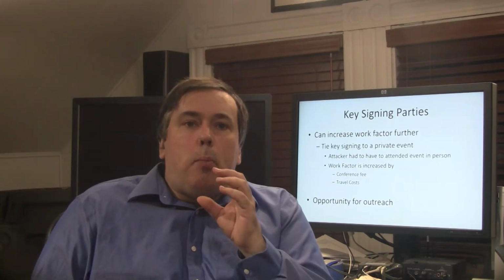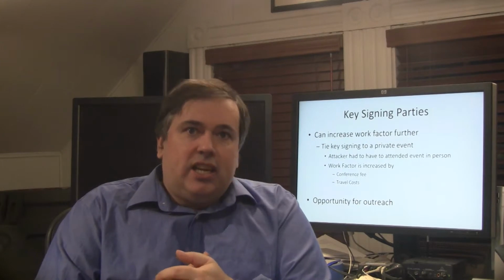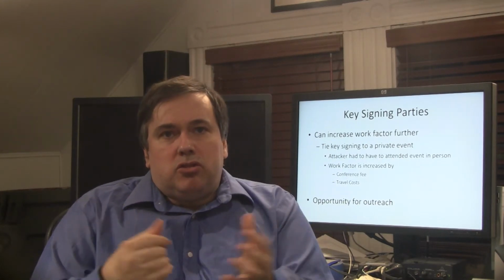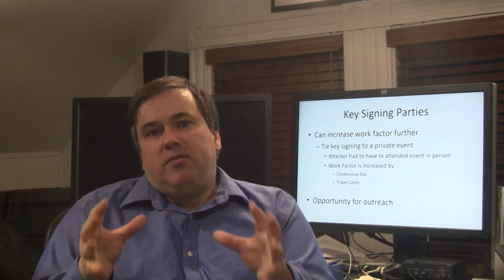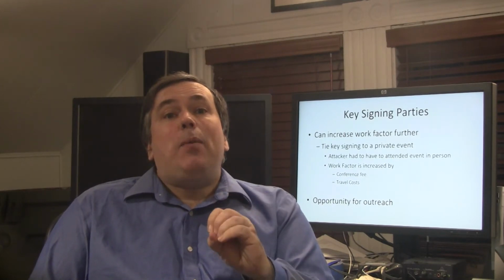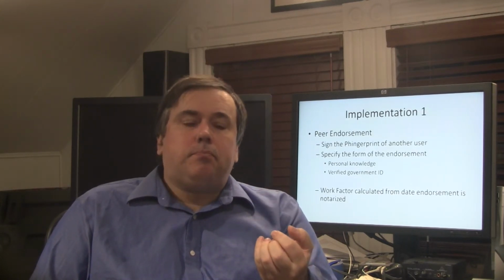So this is an opportunity for outreach in that, obviously the key signing parties are going to get people to use strong email, but it's also a way of binding the web of trust further and increasing that work factor. That's why the work factor is so important, because now we have a way of quantifying how a particular proposal increases the difficulty of attack.